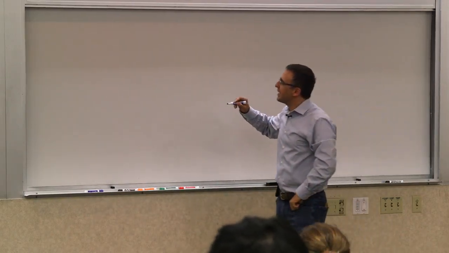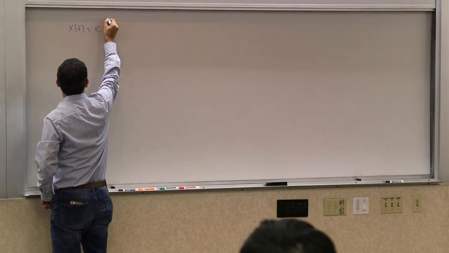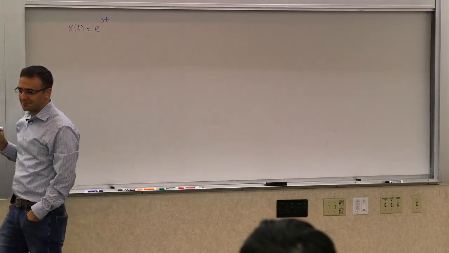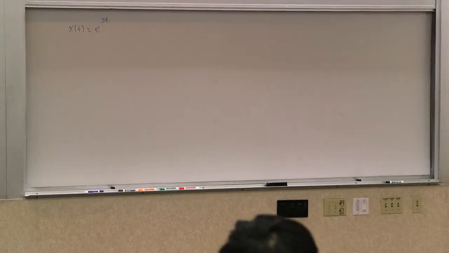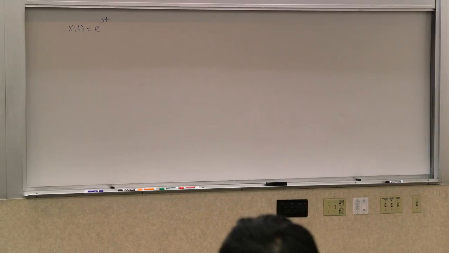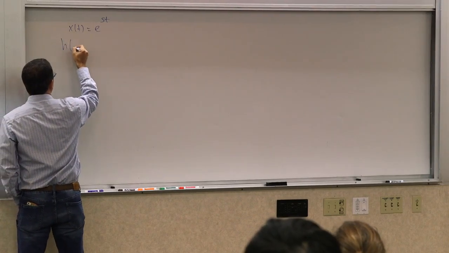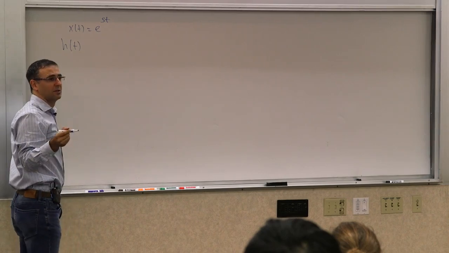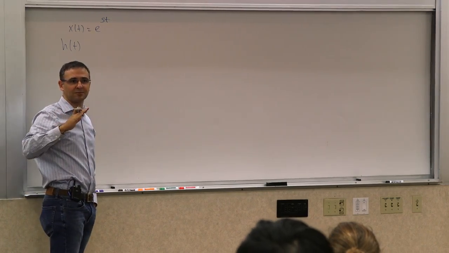Let's say my input x of t is just e to the st. Just e to the st. How would you calculate the response of a system if I told you its impulse response is h of t? I mean, the basic method, right? It's convolution.